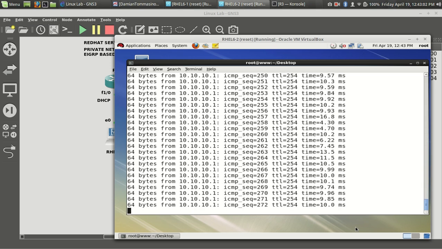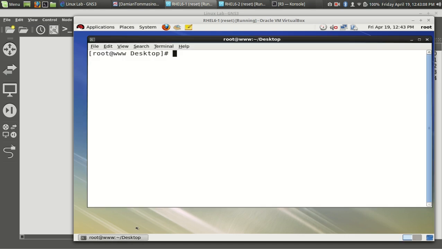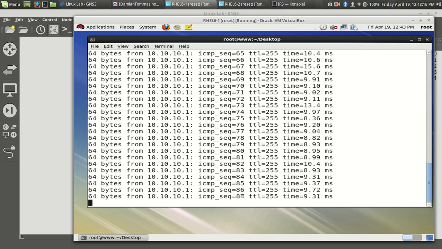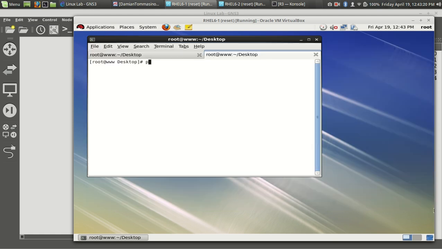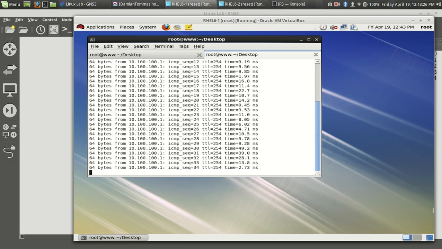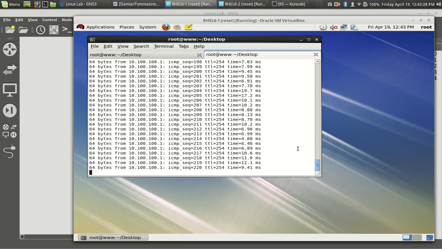This is the default speed. On the other side I will also send the same IP address ping request, ping -A 10.10.10.1. Fine.